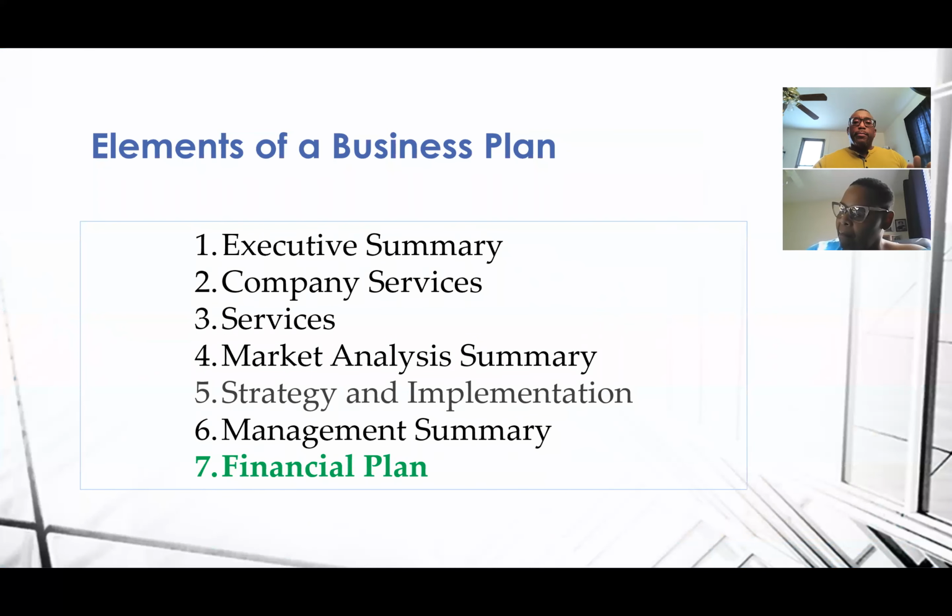Now, here are the elements of the business plan that we go over. You have your executive summary, which is typically the last thing you do, because it summarizes everything else that's detailed within the rest of your plan. The executive summary is kind of like your resume, for those looking for employment. When you write a cover letter, you say, this is what I do, this is what I can do. You want to show that you can meet the needs of what the employer is asking for.